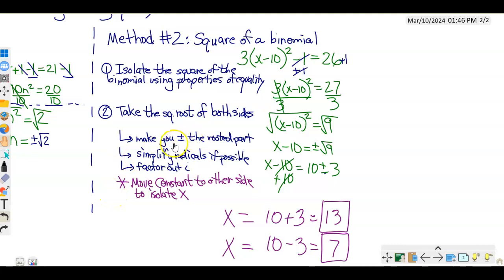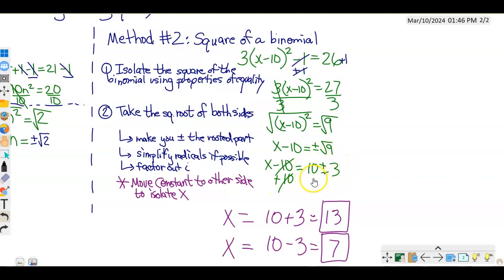So once you plus and minus the rooted part, once you simplify the radicals, once you factor out an i, if necessary, in this case it's not, we're not trying to take the square root of -9, but +9, then you can move the constant to the other side to isolate the x, which is what you want when you solve. Okay? So in this case, 10 is being subtracted from x, and I am going to add 10 to both sides. You can see I've done that right here.